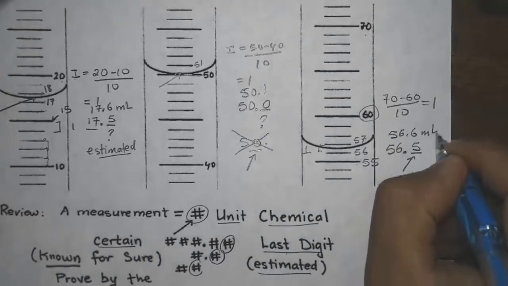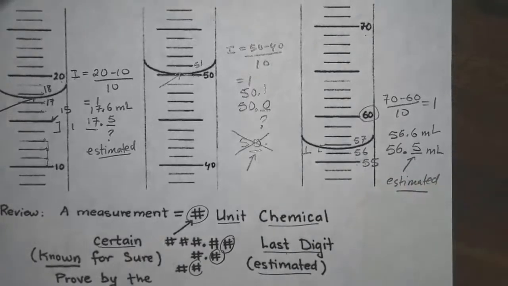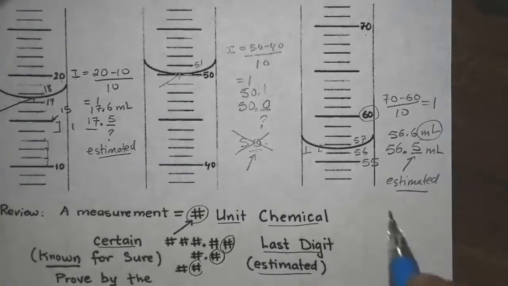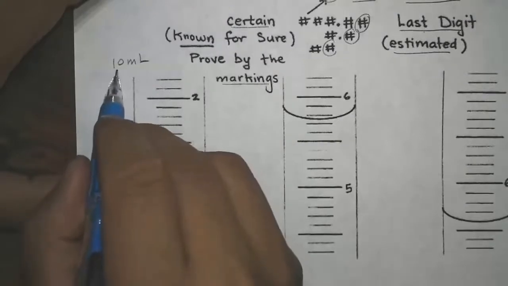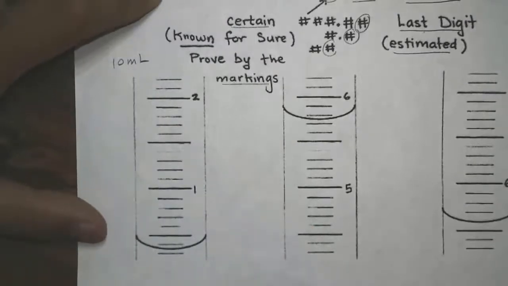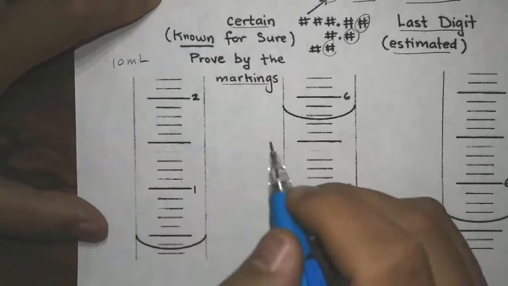In this case, the unit again is milliliter, and the unit will be given to us on the instrument as well. In this case, we just focus on how to determine the number. Again, another common graduated cylinder that we use in chemistry is this 10 milliliter graduated cylinder. Let's look at the value of one increment.